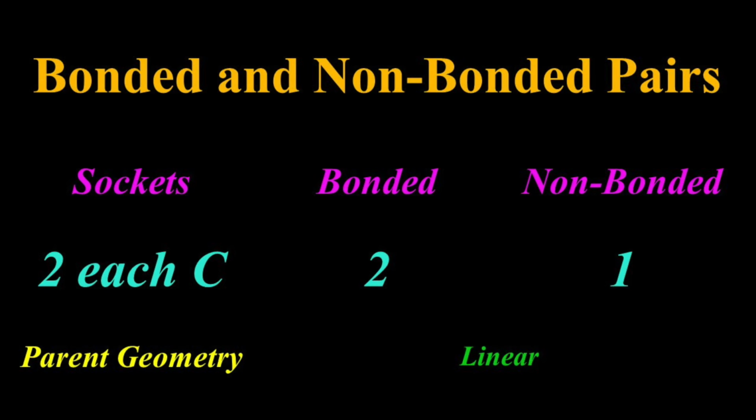However, each carbon is going to need 8 electrons. They're nonmetals. So we need to make sure that we add 2 electrons for each carbon.